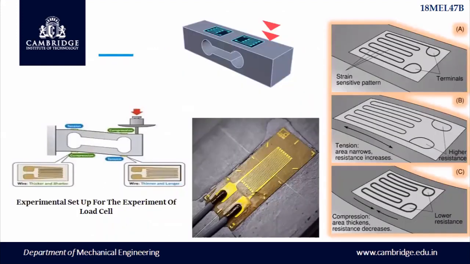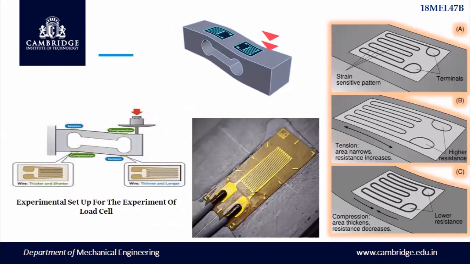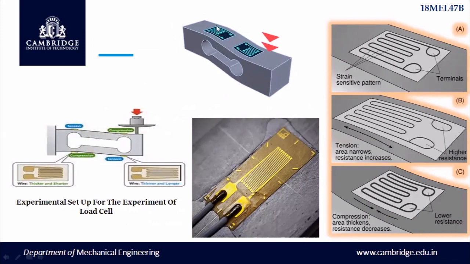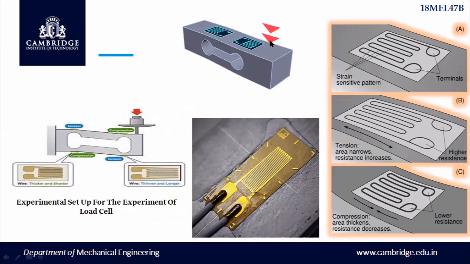What you are observing here is the load cell. You can observe in this image the load cell and the strain gauges, and this red arrow mark indicates the load or force being exerted onto it.